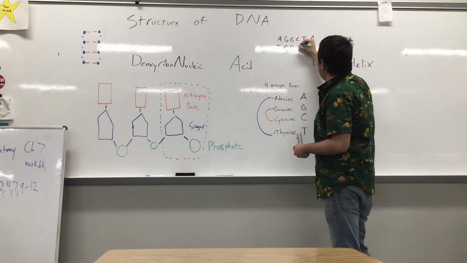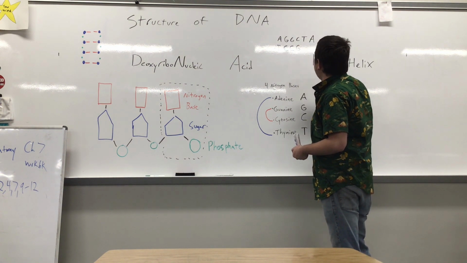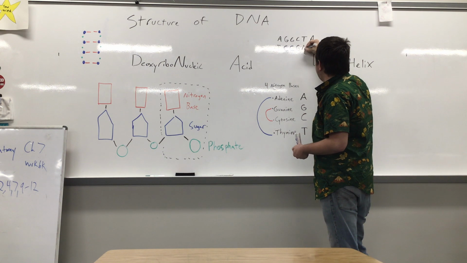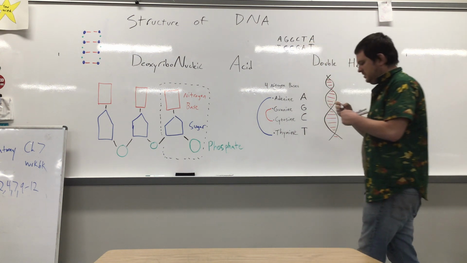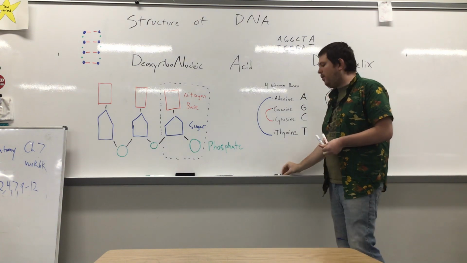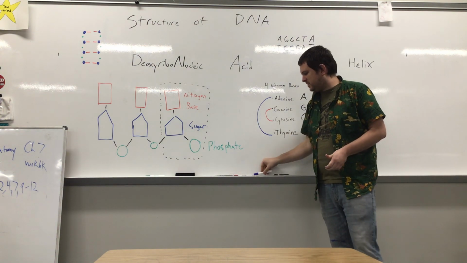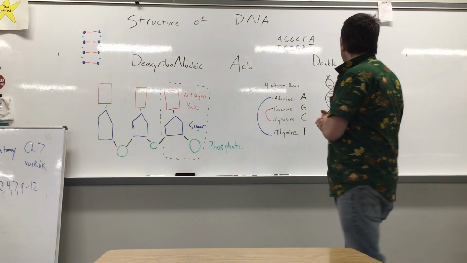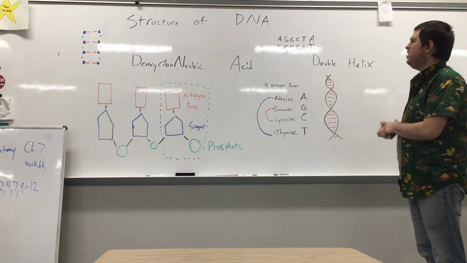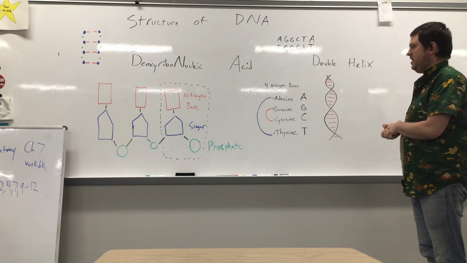This C will only have G on the other side. T will only have A, and we are back to A with T. They only match up in those specific ways. So that is all that we need to know about the structure of DNA.